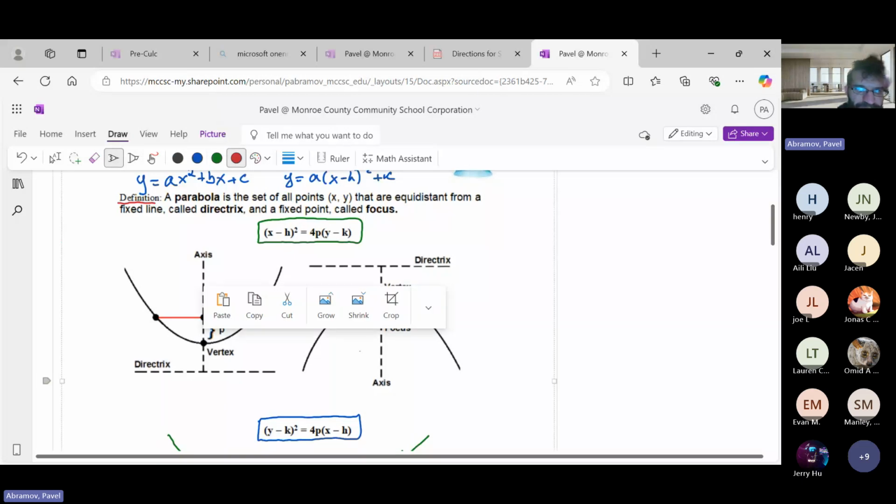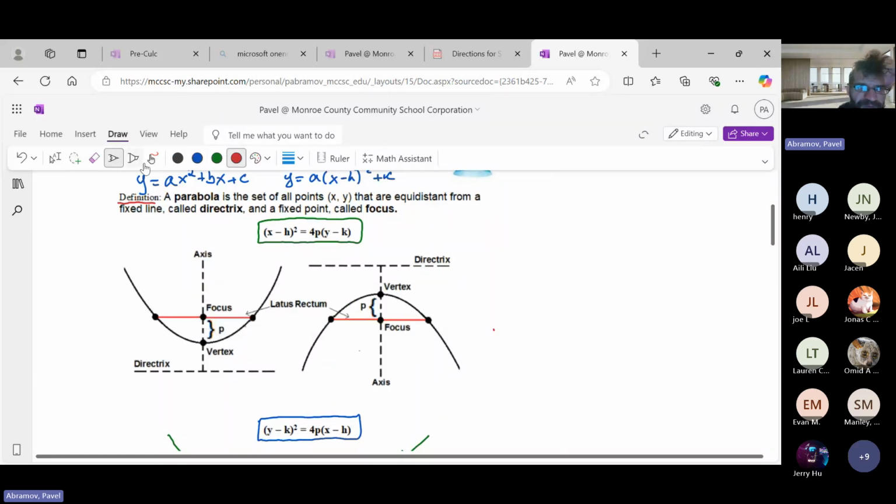The parabola has the vertex. A parabola will have a vertex right here, and the vertex will have coordinates (h, k). So these numbers h and k that we have in our equations are actually the coordinates of your vertex.